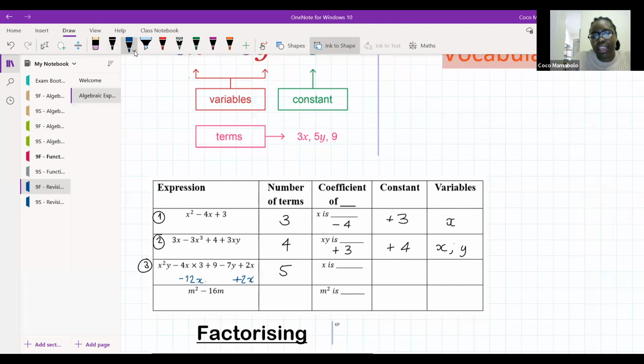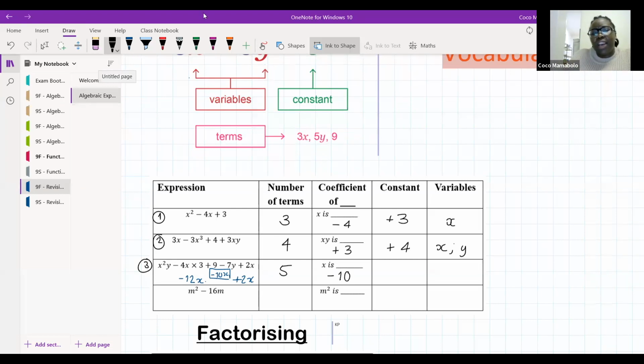Beautiful. So I'm going to ask you again now, Oraldine. What is the coefficient of x? -10x. Not negative 10x, just the coefficient would be negative 10. That's it, negative 10. Very well done. Okay, there was just some work for us to do, but no worries, you did it beautifully.